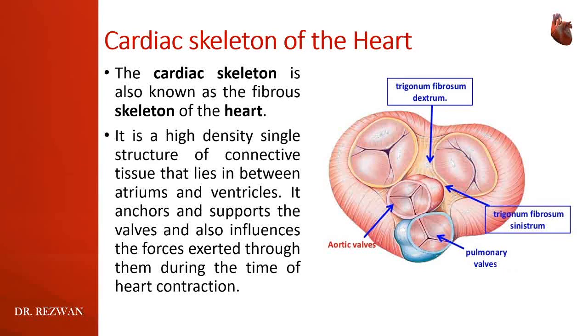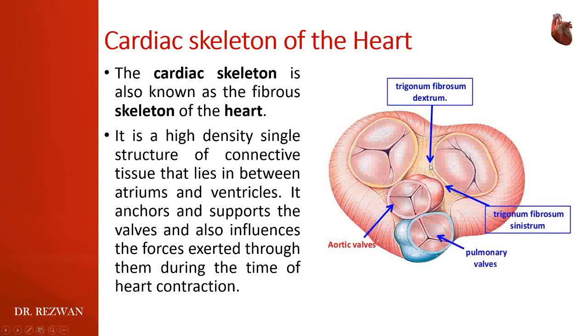So from these lines we can understand that this fibrous skeleton is present in between the atrium and the ventricles, and they are encircling, as we can see, the valves. Not only are they encircling the valves, but also they are supporting and anchoring the valves. When the blood is passing through these valves, they are supporting the valves so that they can contract or relax very systematically.